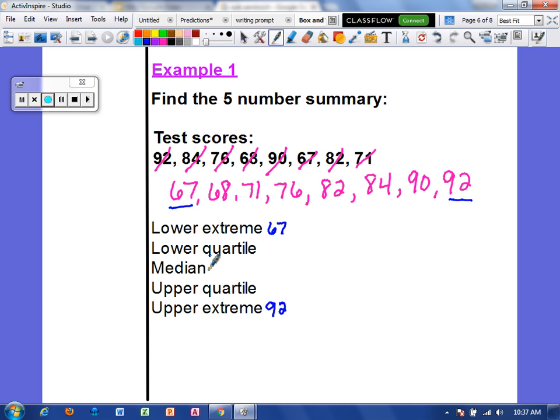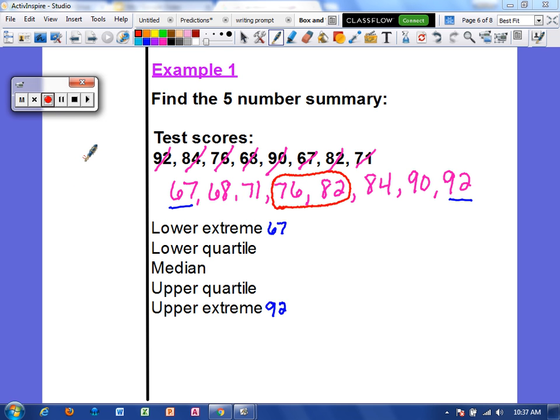Now let's find the median. So we have 1, 2, 3, 4, 5, 6, 7, 8 test scores. So the median is actually going to be an average of these two amounts right here.